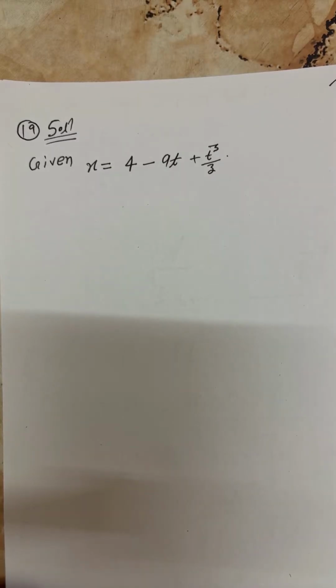Third, for 0 less than t less than 3, the particle is slowing down, and last, for t greater than 0 and less than 3 the particle is speeding up. So this is the question, right?